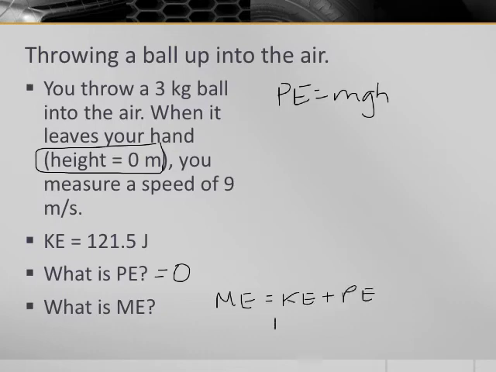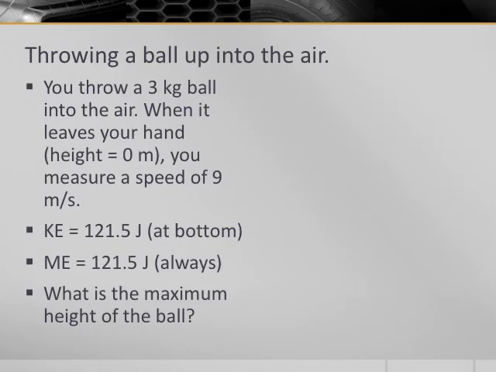So if KE is 121.5 joules and PE is 0, that's going to be 121.5 joules. Now that we know KE at the bottom was 121.5 joules, ME will always be 121.5 joules.